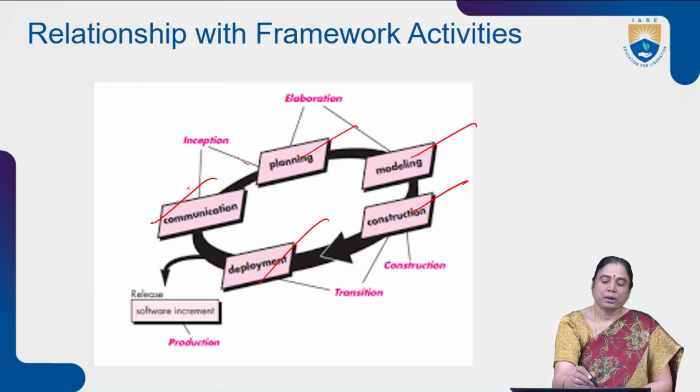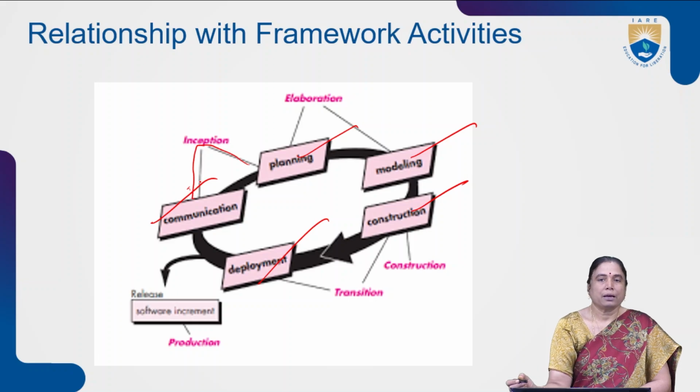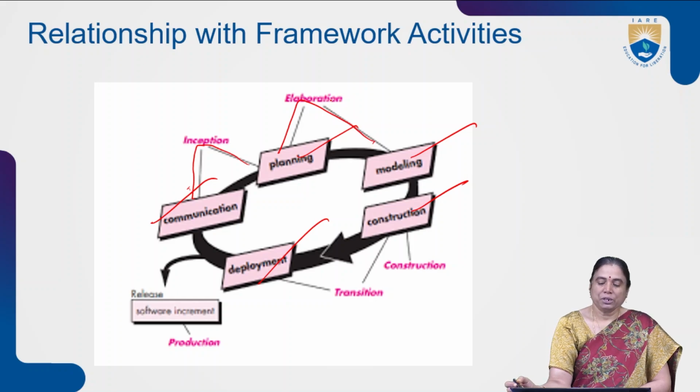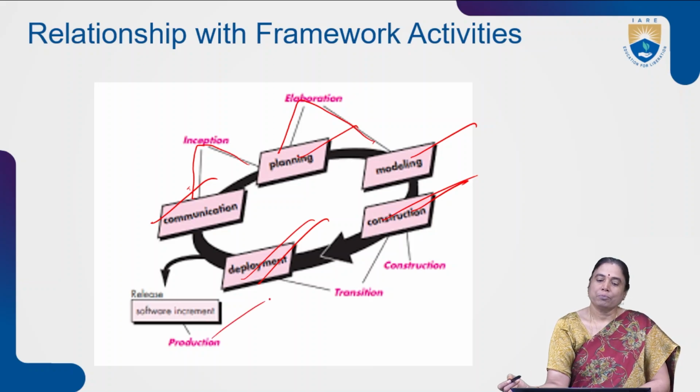The communication and part of the planning are carried out in the inception. Planning and part of the modeling are carried out in the elaboration. The construction is purely on testing and development of the software. After that, it is delivered in the deployment to the client side. That is the transition, where at the client side the software is put into operation, which is the production.